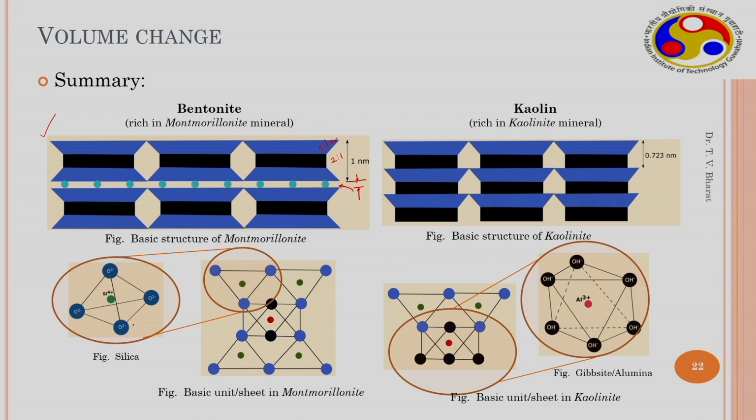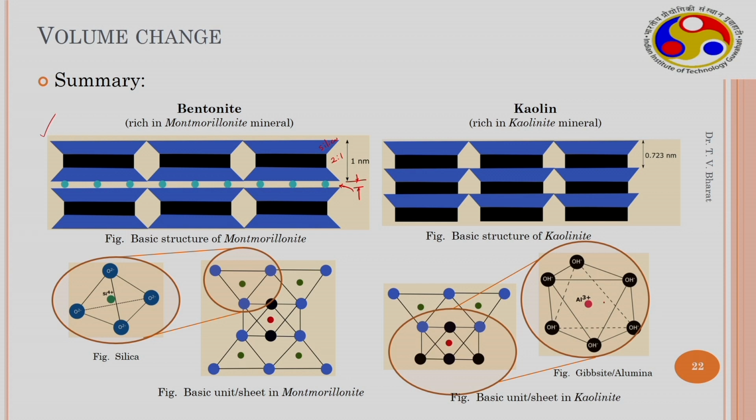So, here this is a basic unit of silica. Silica consists of silicon Si4+ surrounded by 4 oxygen atoms, O2-, and this is attached to an alumina sheet. So, this is gibbsite or alumina, Al3+, which is surrounded by 6 OH- ions.